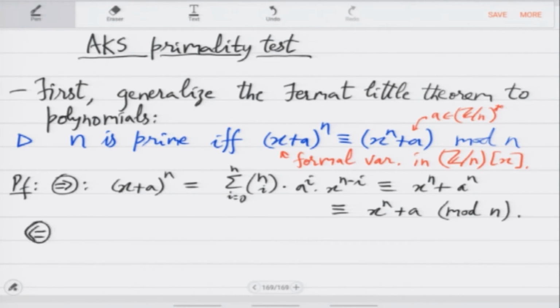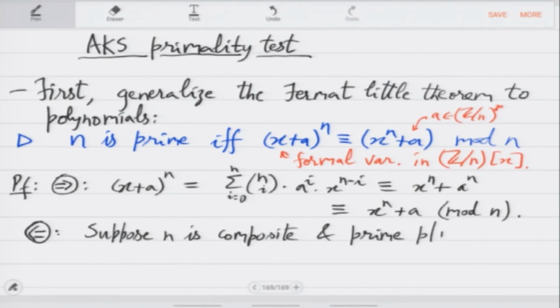In the converse, if this identity holds for some a, and for contradiction suppose n is composite, and say prime p divides it, then you can show that n choose p is not 0 mod n.